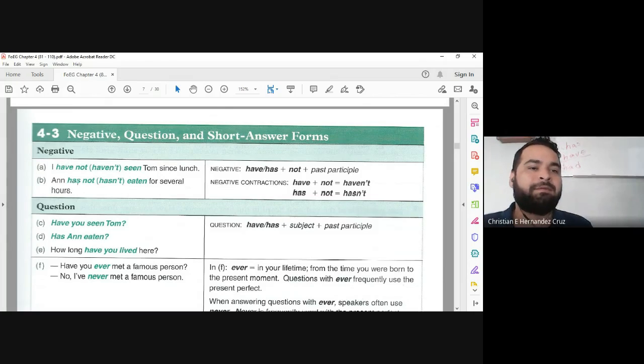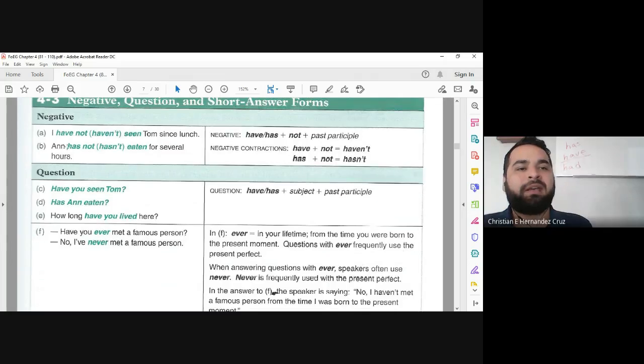We already use have or has. So basically, all we have to do is add not in between have and the main verb. So have not, we can contract that as haven't, and has not, we can contract that into hasn't. So I have not or I haven't seen Tom since lunch, and has not or hasn't eaten for several hours.